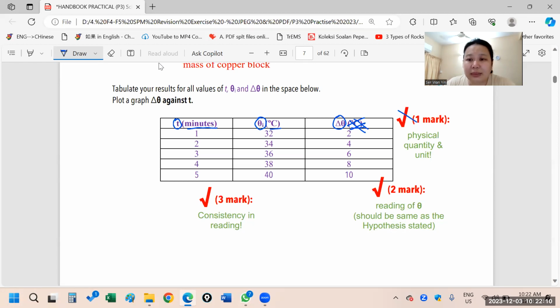Then the second mark is for the readings of your RV, and also when time increases, this increases, following your hypothesis. Then what is the third mark? I tell you, very easy to get, but also very easy to lose.